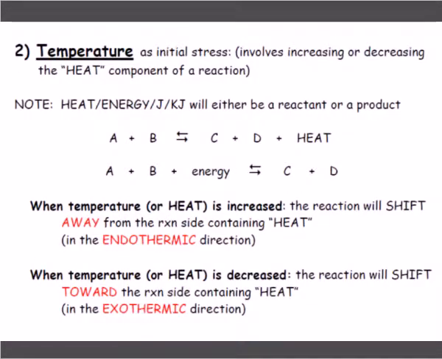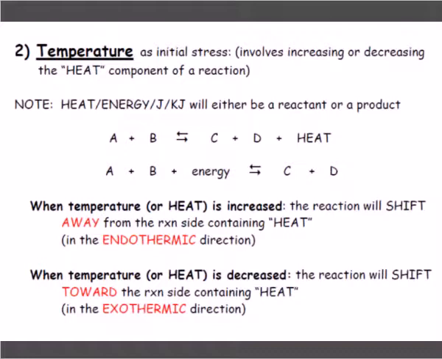Last one is temperature. Temperature is going to be very similar to concentration. How do we know if we have a temperature aspect in our reaction? What measures temperature? Kinetic energy, so energy is what we're looking for. What are the 3 ways we could see energy or temperature in our reaction?